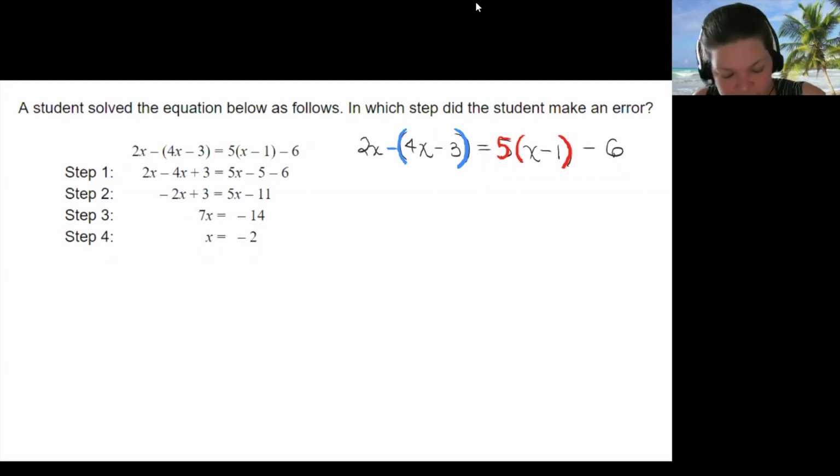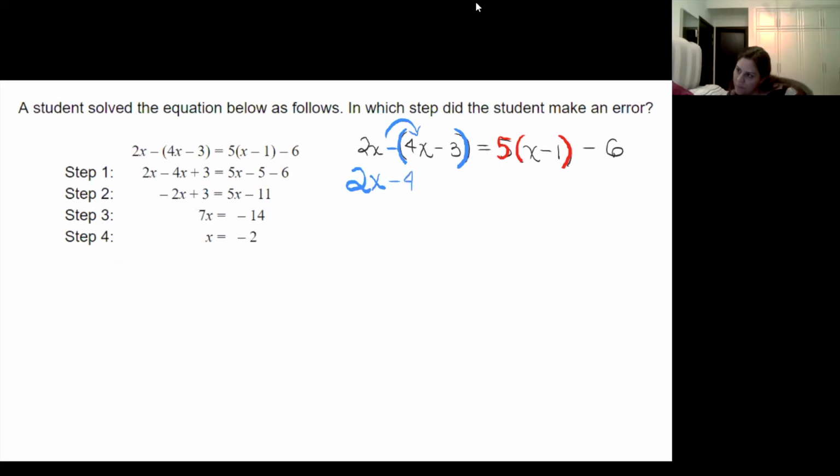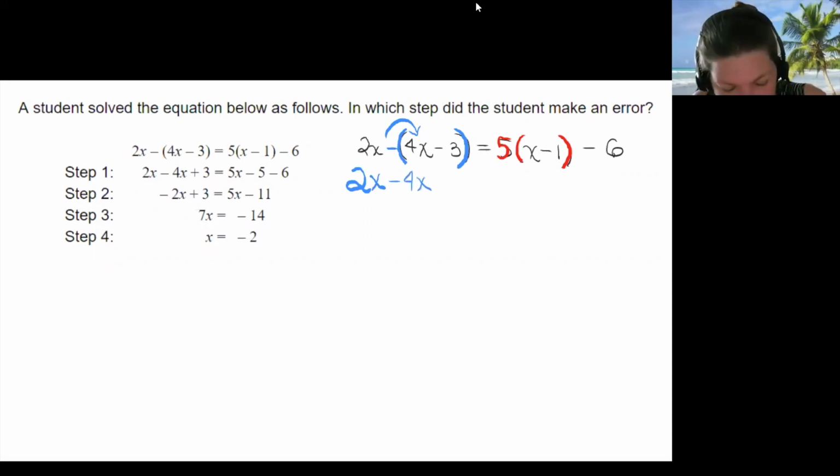So let's go ahead and do that. On the left-hand side, my 2x is outside of the parentheses. It won't get involved. But if I pass out that minus to the 4x, I will get minus 4x. Beautiful. And if I pass out that minus or negative sign to the -3, I'll have minus -3 or +3, right? The opposite of subtracting 3 is adding 3.